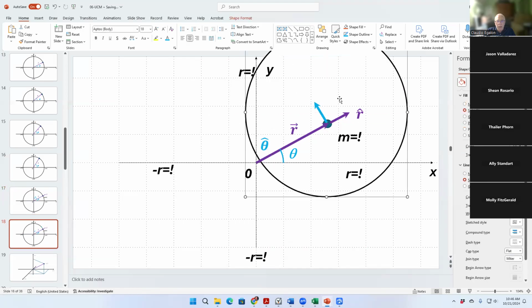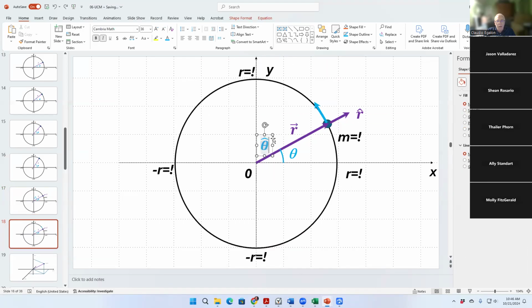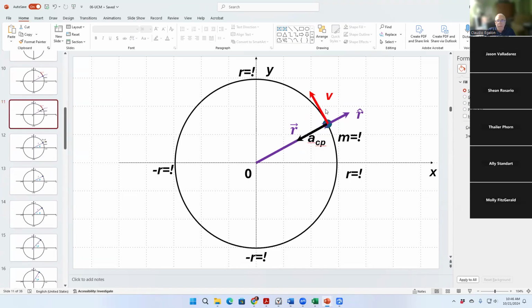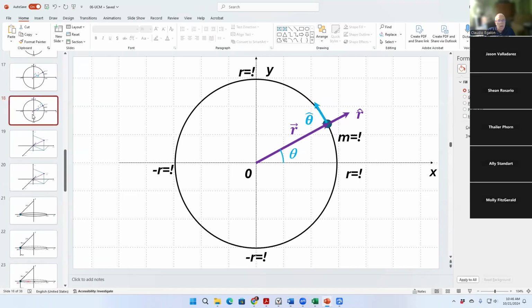If the unit theta vector is here, then the velocity vector is going to be this one here. Tangential.